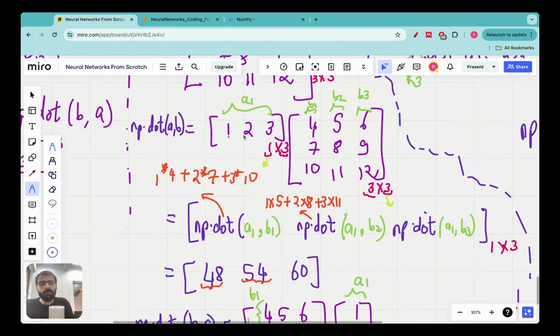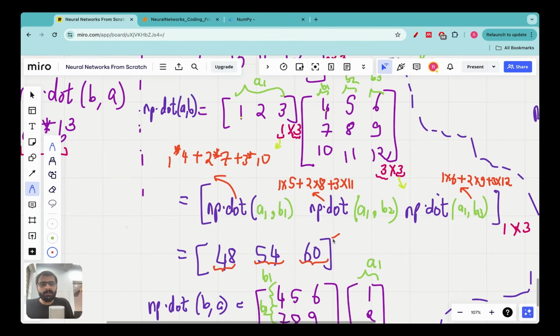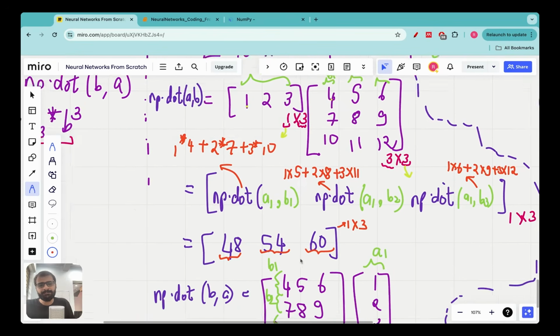The third element will be a1 multiplied by b3, or the dot product between a1 and the column b3. So then this will be 1 multiplied by 6 plus 2 multiplied by 9 plus 3 multiplied by 12. So then this will be 60. So then the answer is a vector which is 1 by 3: 48, 54, and 60.